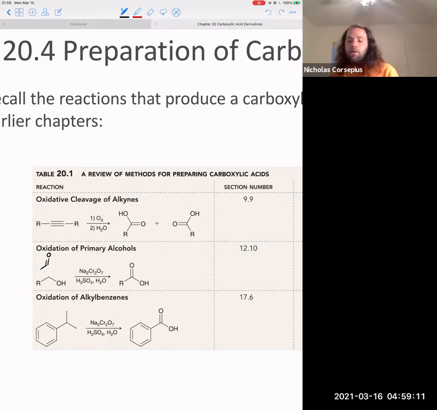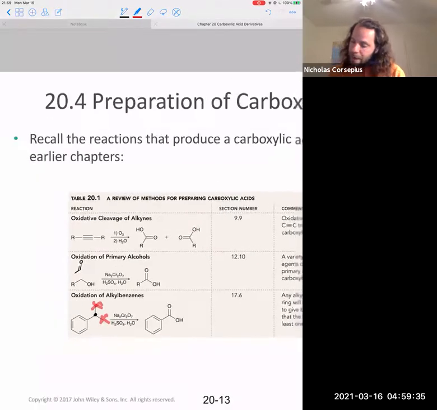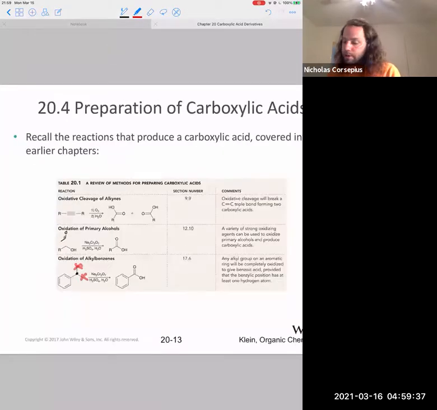And then in our benzene chapters, we learned about reactions at the benzylic position, which is that you can oxidize that 1 carbon removed to generate a carboxylic acid, kind of chopping off these other carbons. Okay, so these were past reactions that will generate carboxylic acids.